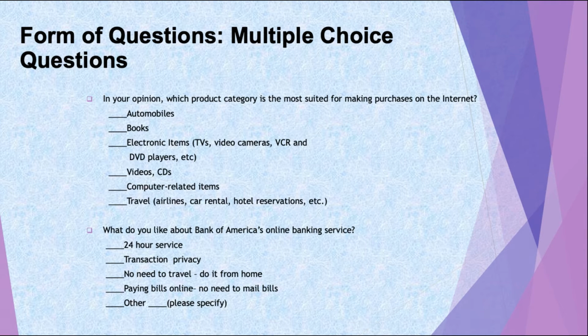But remember, once you finish the list, it is better to add others, please specify, because maybe the respondent couldn't find what fits him in these categories. Like a second question: what do you like about Bank of America online banking service? 24-hour service, transaction privacy, no need to travel, and at the end you have other, please specify.